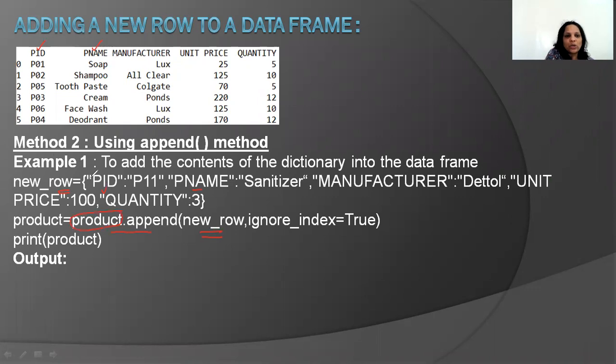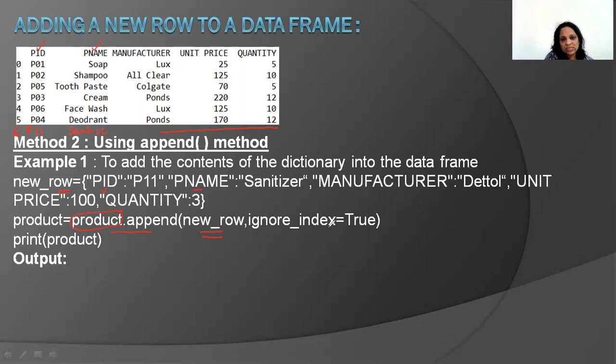So what happens is P11 appears here, sanitizer appears under product name, and so on. And automatically this gets the indexing 6 because I do not have a labeled index. So therefore the numbered index or the positional index comes into play.